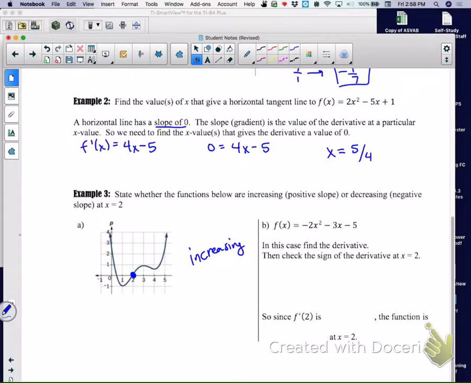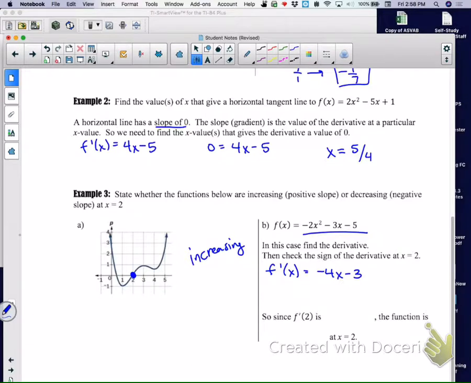Okay, now what if they give you an equation, though, and they don't give you a graph? Well, you could graph it, but let's say that maybe you can't for some reason. Well, then we can figure out if the derivative is positive or negative, and that'll tell me the same thing. So f prime of x is equal to negative 4x minus 3.